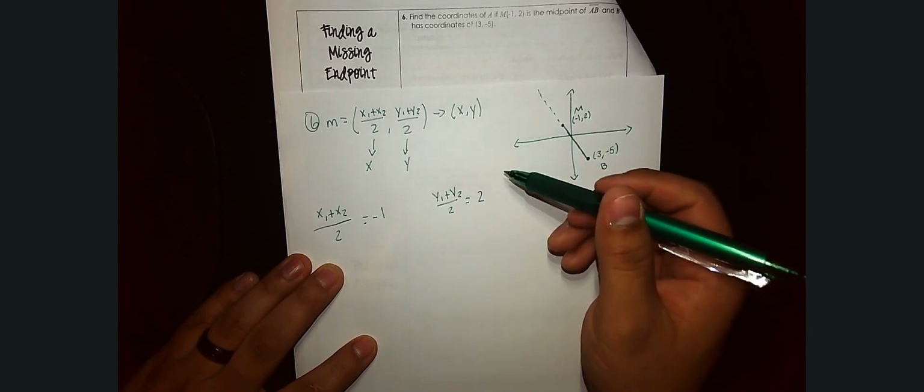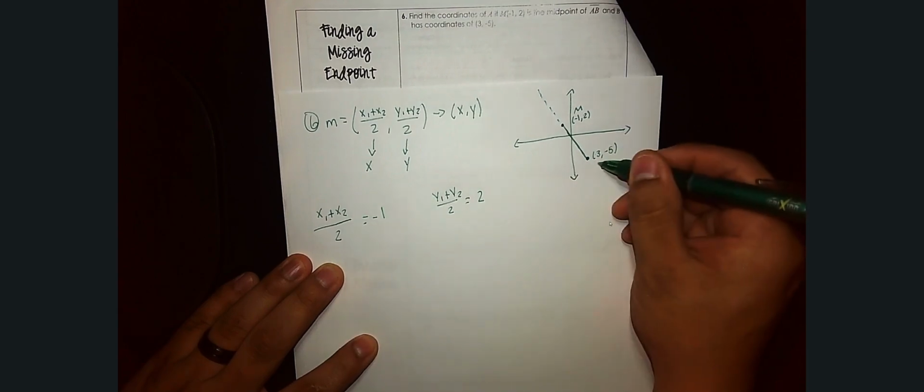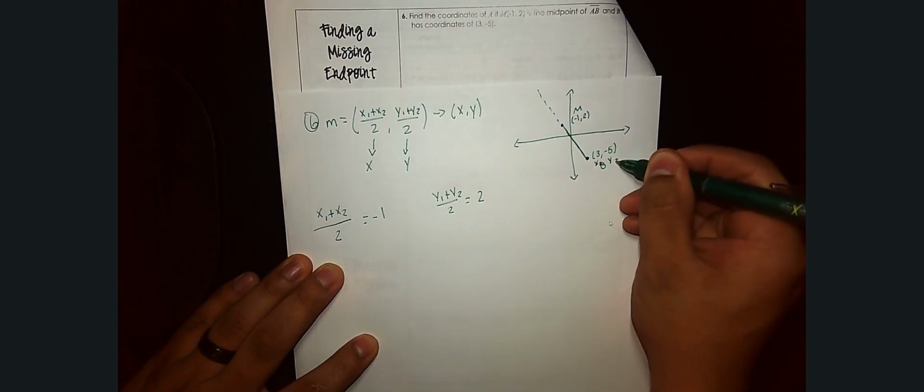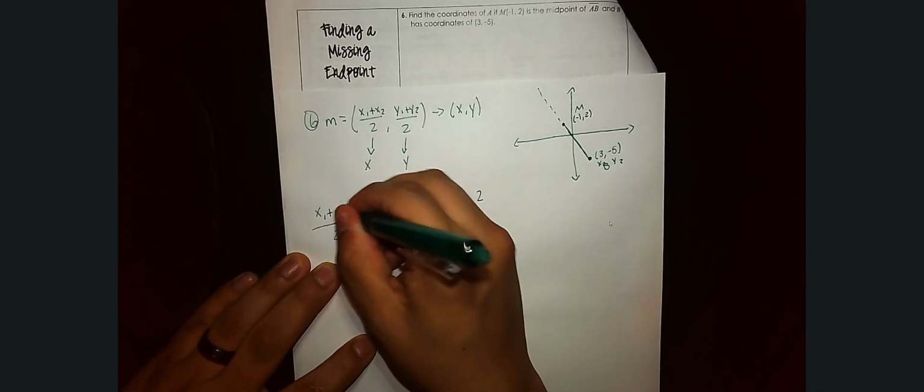I guess you can already see I'm foreshadowing what's about to happen. Look, we already have an x2, y2 coordinate. So I can just plug those in to find my other x1 and y1 coordinate, which would be my other endpoint. I plug in x2, which is 3 here, and y2, which is -5 here, in parentheses.